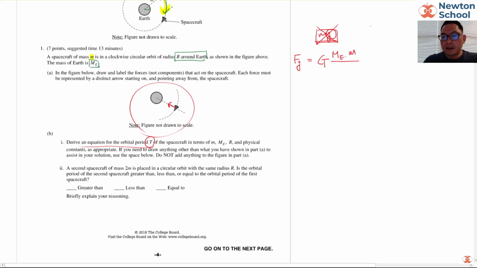It's actually the distance between the center of Earth and the center of the spacecraft, and here they use the whole thing as r, so you don't have to worry.